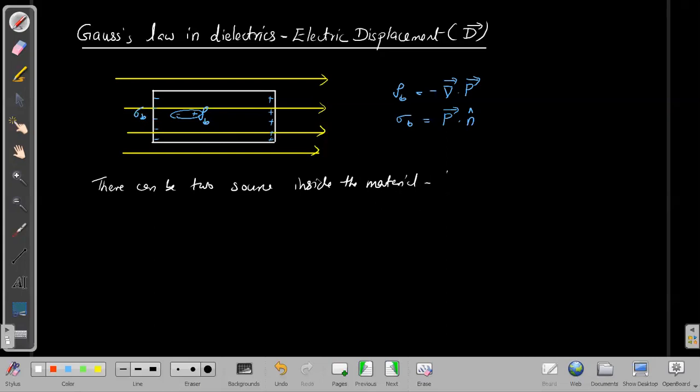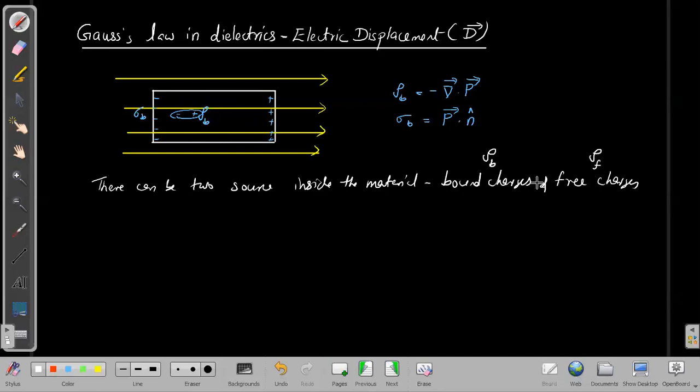One is the bound charges, and obviously the other is the free charges. So we have two sources within the material. In general the bound charges we can denote by rho b, and free charges, for the time being, I can denote as rho f.